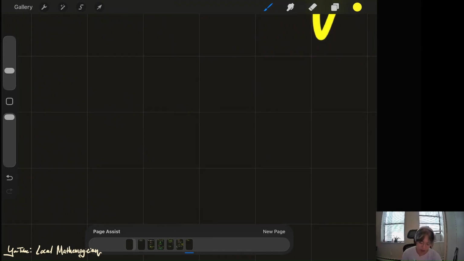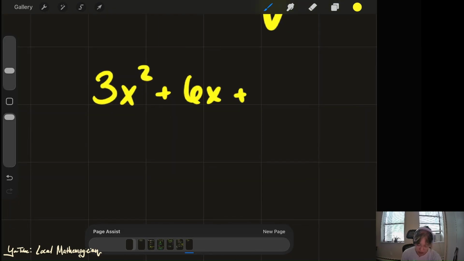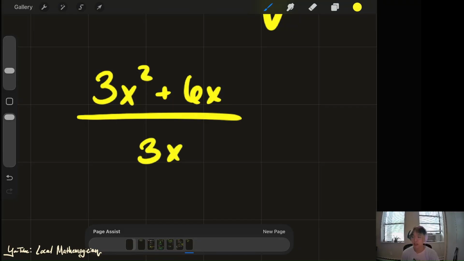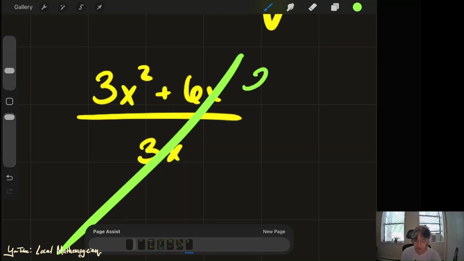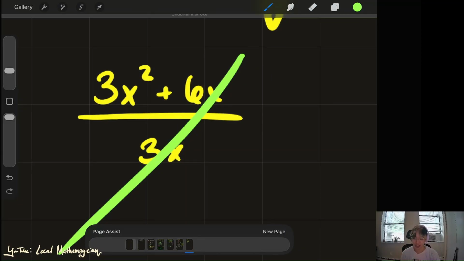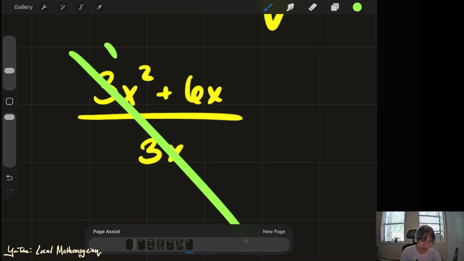Suppose I have 3x squared plus 6x all over 3x, right? The first thing you will not ever do is go whoop, 2. Don't do that. The second thing you will not do is whoop, x to the first. Don't do that.